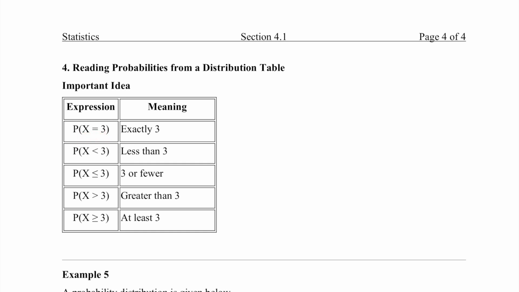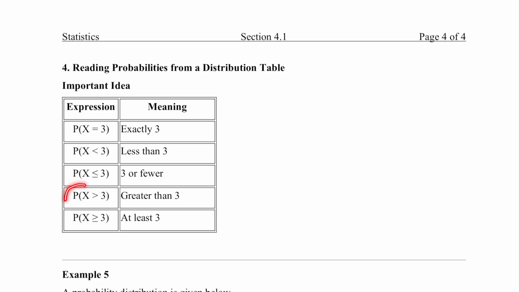So x equals 3 means exactly 3. P of x less than 3 means the probability that x is less than 3. P of x less than or equal to 3 means the probability that x is less than or equal to 3, or 3 or fewer.